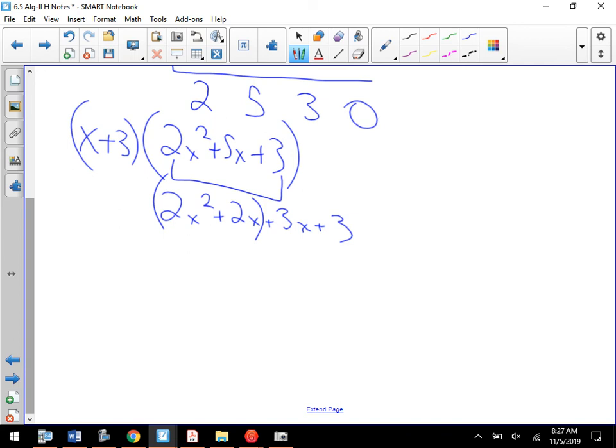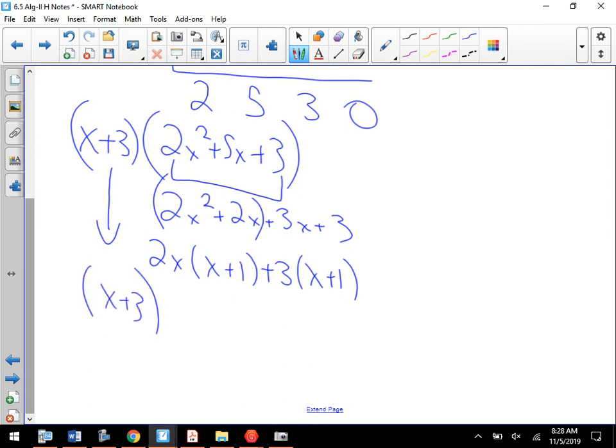This isn't anything different than what we just did. Take out your GCF. So if this one comes along, you get x plus 3, x plus 1. Wow. That's crazy. So it winds up being another way to factor something if you know where to start.